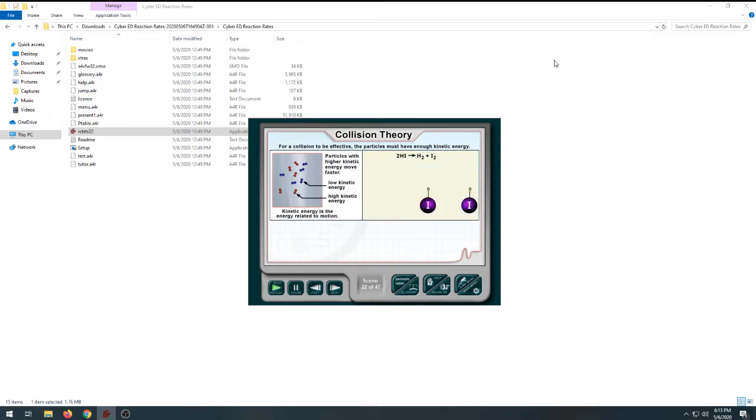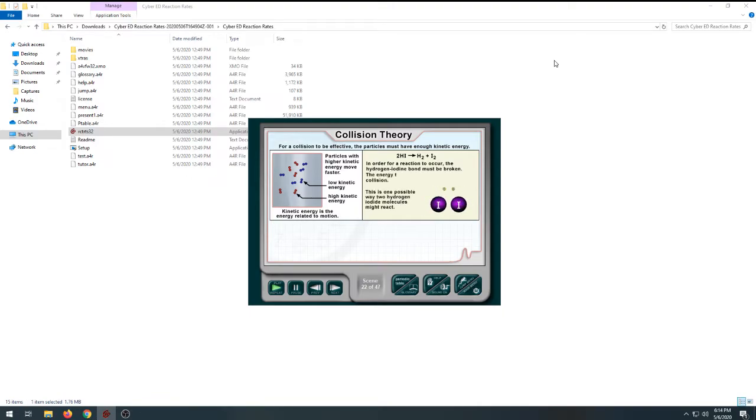To understand why the kinetic energy of the reactants is important, consider the reaction in which two molecules of hydrogen iodide react and form one molecule of hydrogen and one molecule of iodine. In order for these reactants to be converted into products, the bond between the hydrogen atom and the iodine atom in each hydrogen iodide molecule must first be broken.